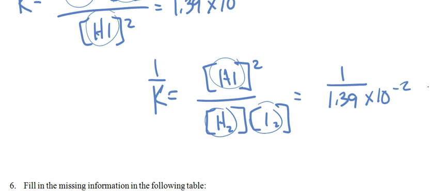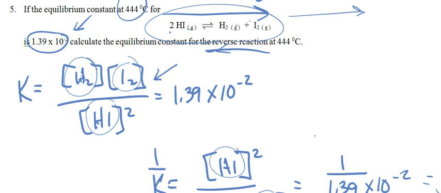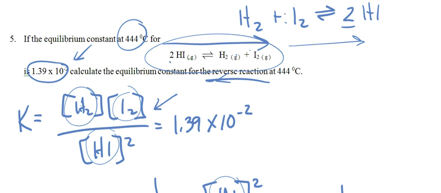Don't leave it at that; actually give me a number. So 1 divided by 1.39 times 10 to the negative 2. I get about 71.94, so it's 71.9. Now, here's a great concept question. If I were to ask, which of these two reactions do you believe is more favorable?